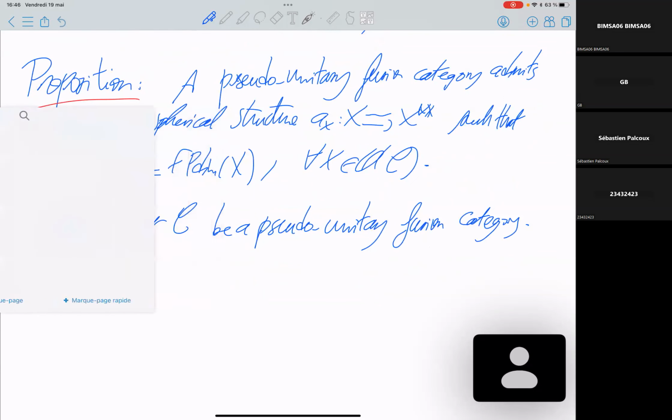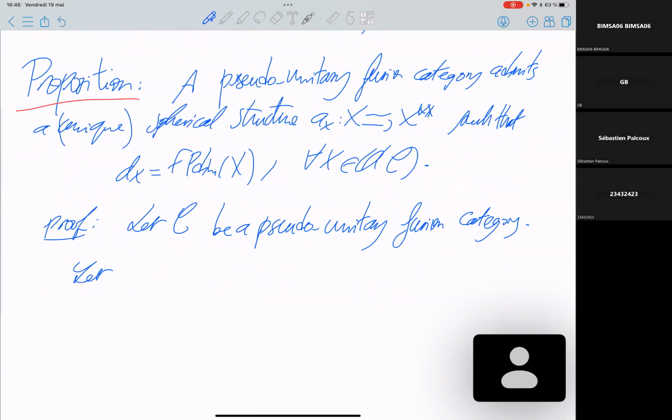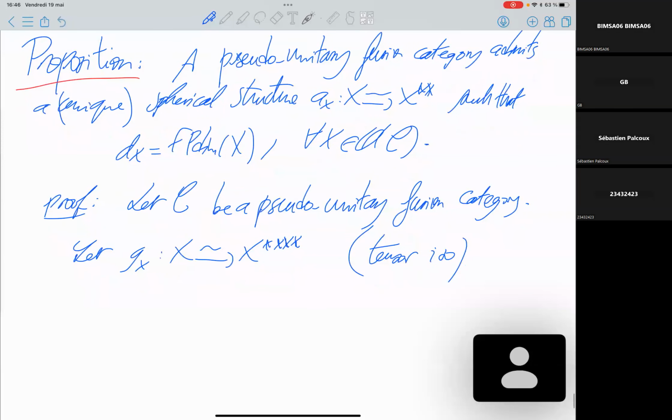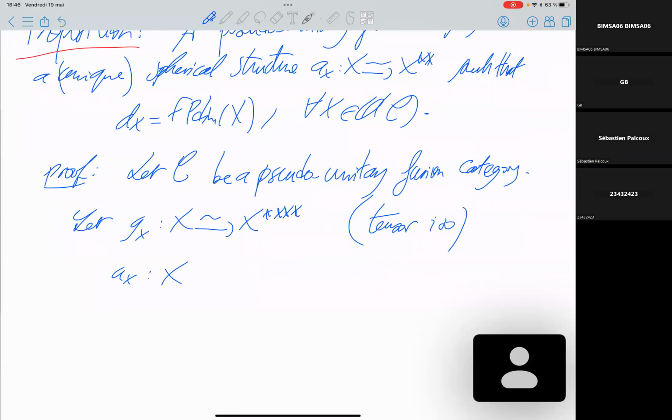Let gx and ax be the square root as before, tensor isomorphism ax from x to x double star, its square root as before.